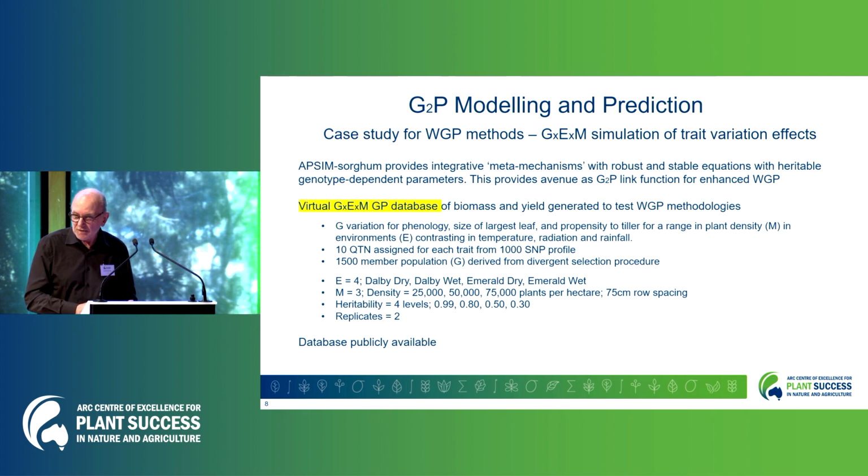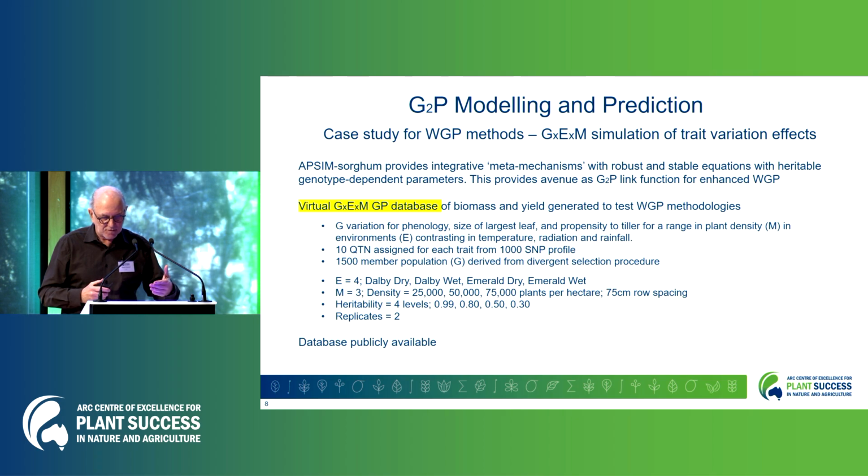We have a number of traits, leaf size, phenology, and we've then assigned a number of quantitative trait nucleotides to each of the coefficients that drive those traits in the model, and generated a 1,500 member population with some selection procedure that I hope Owen might explain to you, that enables us to generate combinations of all of those QTN across all of those individuals.